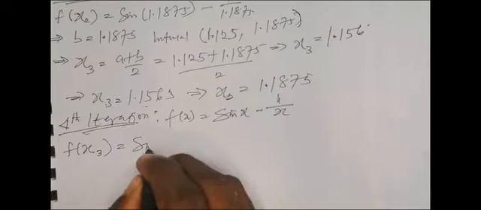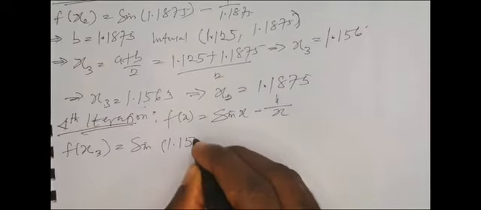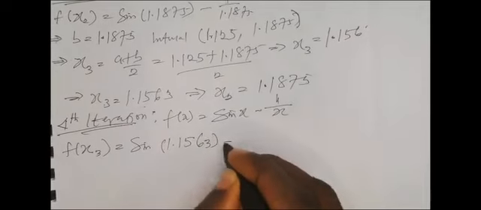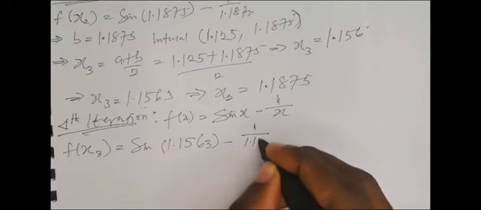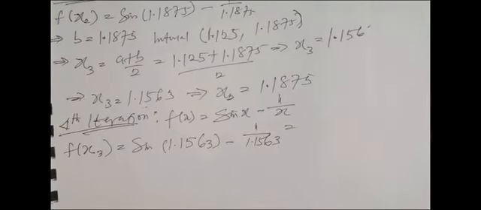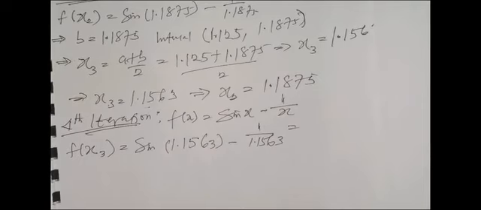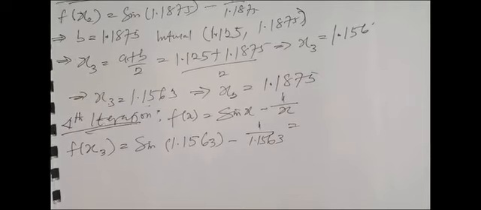That becomes sine 1.1563 minus 1 all over 1.1563. Okay, let's see what we are going to obtain. Sine answer minus 1 all over answer. So this gives us 0.0505.